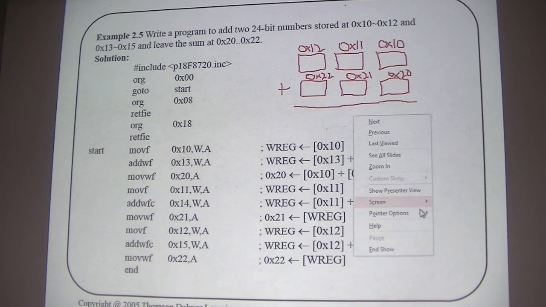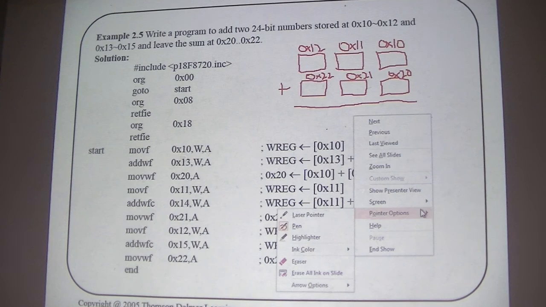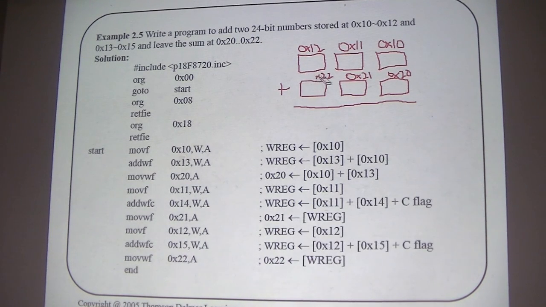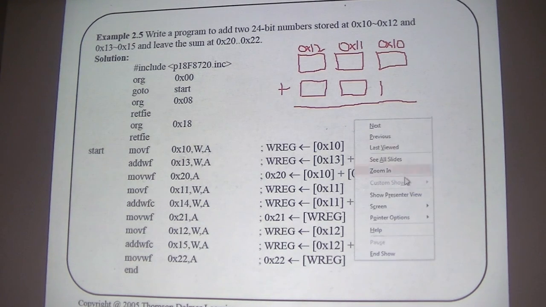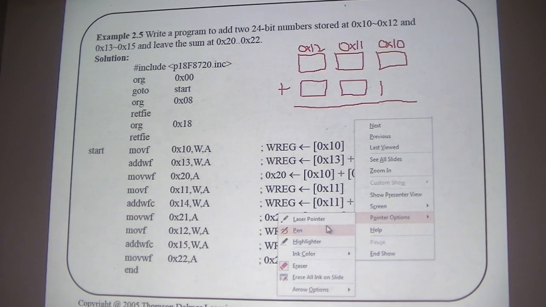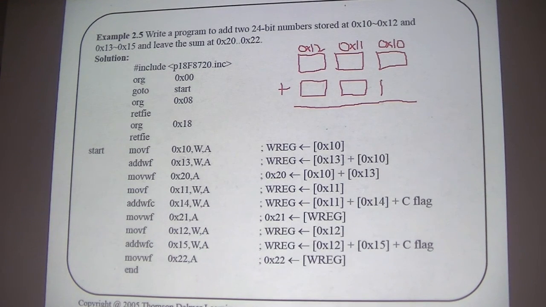Let's see, we got an eraser. Control Z. Yes, it's nicer. I'm constantly trying to improve myself.